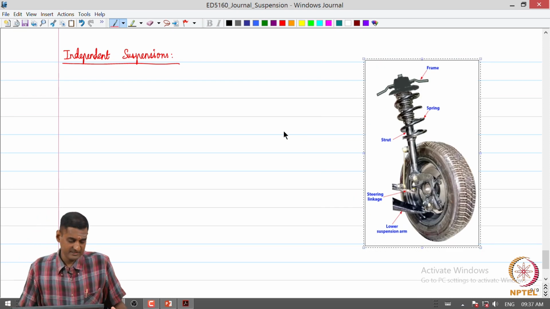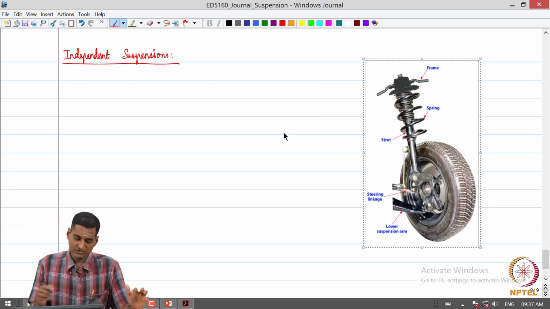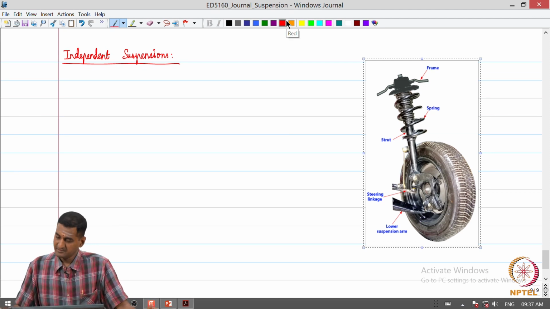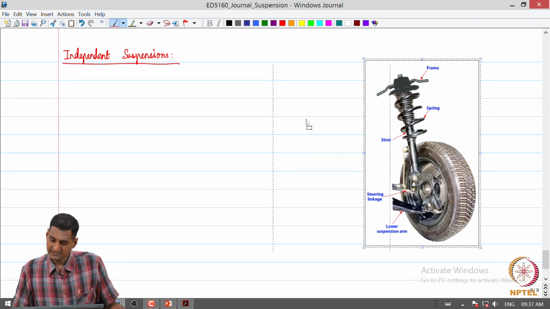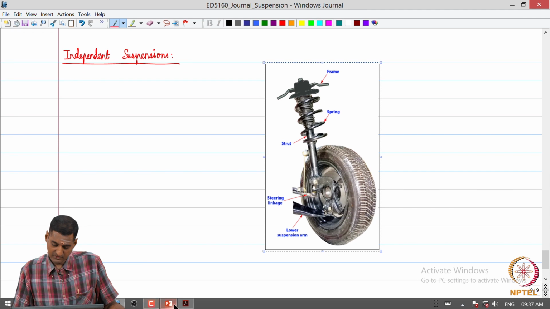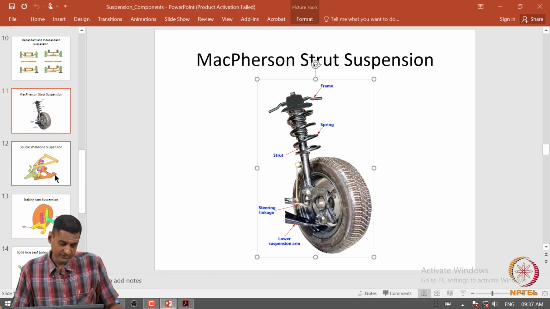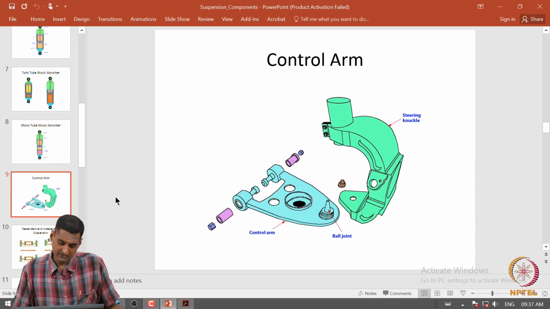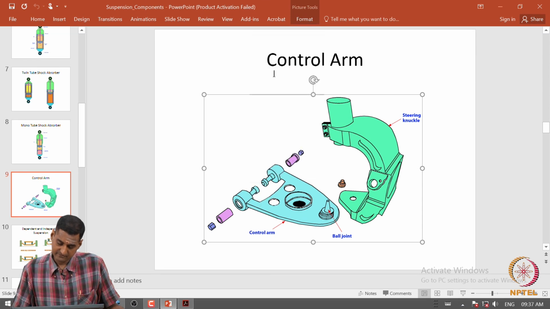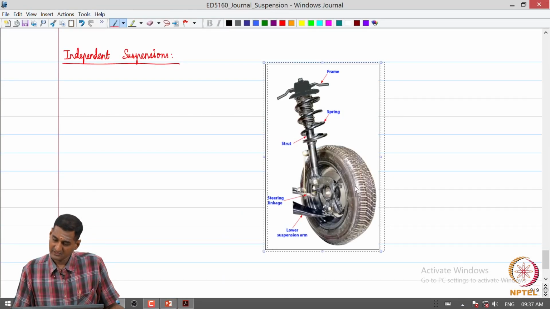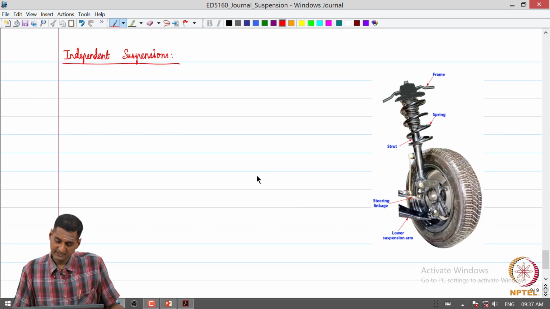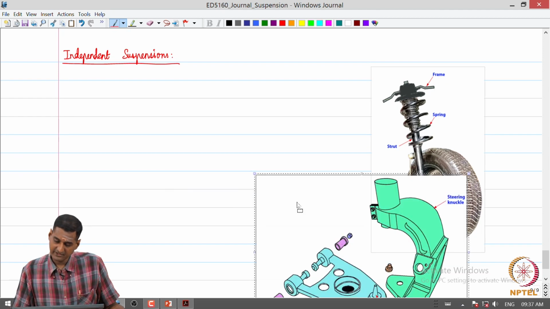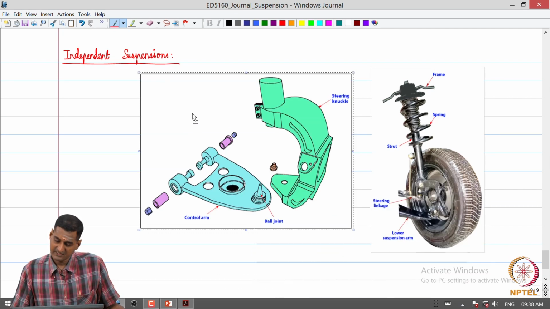So, this is what is called a McPherson strut, and let me also have the control arm schematic. So, this is the McPherson strut and this is a schematic of what is called a control arm.